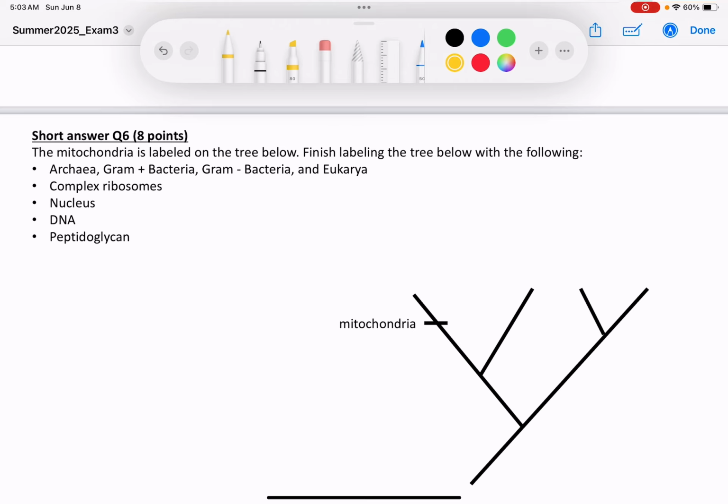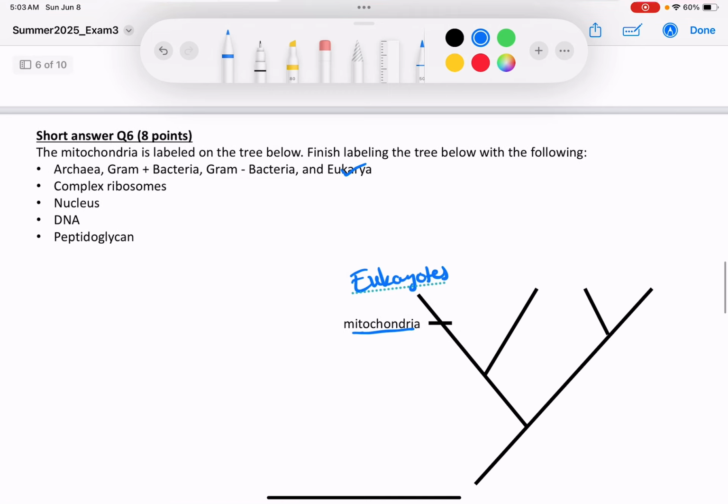So I've got archaea, gram-positive, gram-negative bacteria, and eukarya. And then I've got some synapomorphies that I need to add on too. So let's start by seeing what the tree has. So the tree already has mitochondria, so I know that that must be eukaryotes, or eukarya, either is fine to write there.